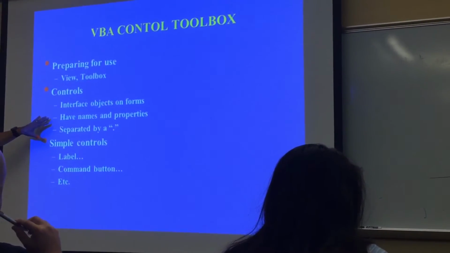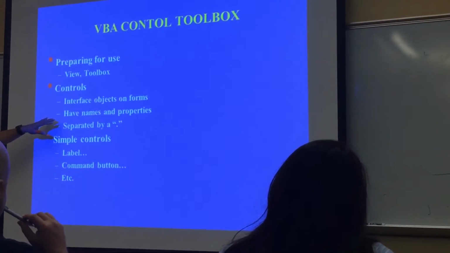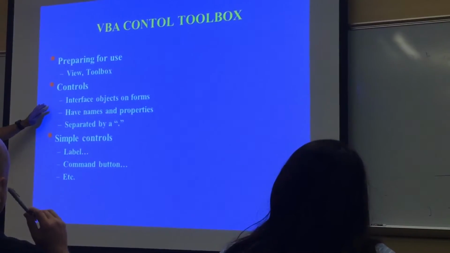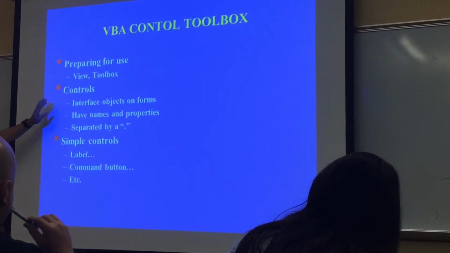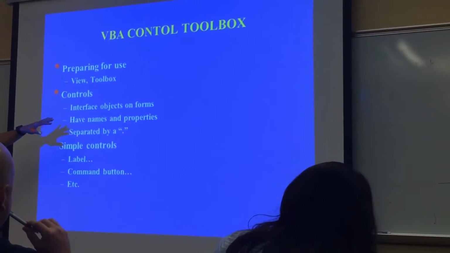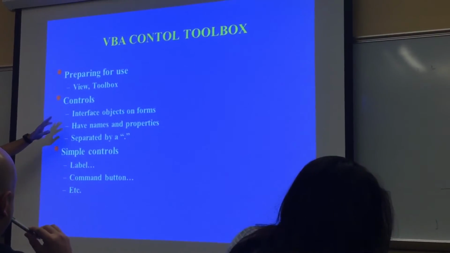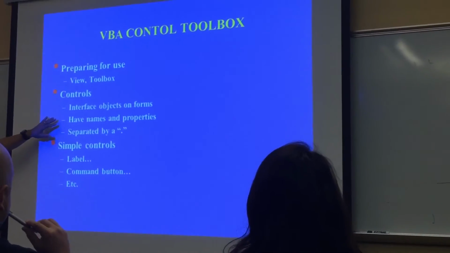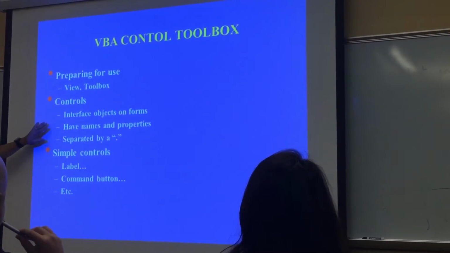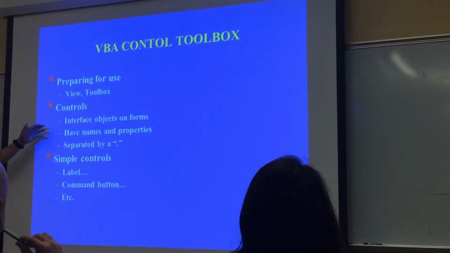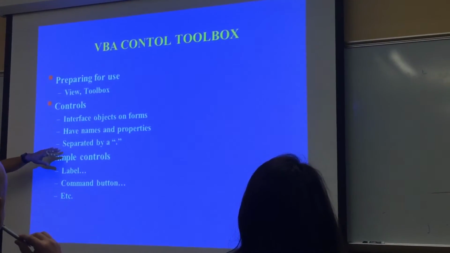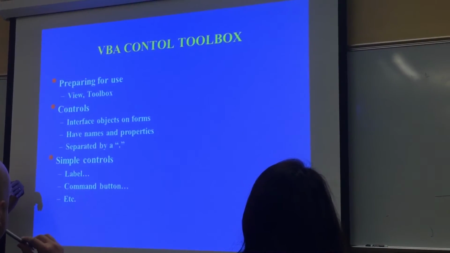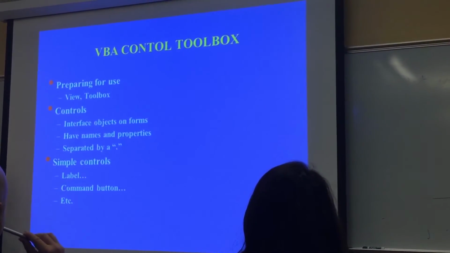Different types of controls have different properties which only apply to them. When you reference a property, you use the name of the control, put a period, and then the property, and that enables you to manipulate the control.